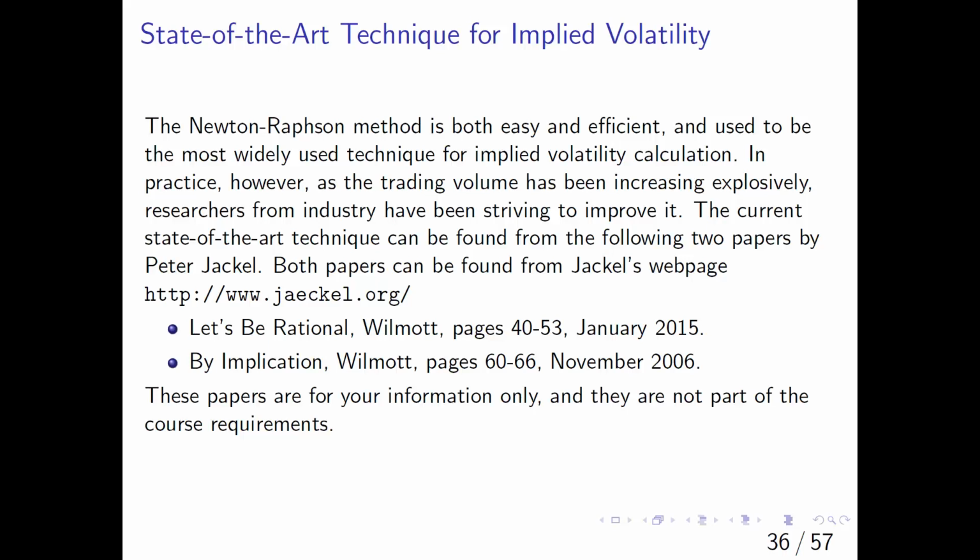You can get the implied volatility within 3 iterations, and the accuracy is up to double precision, essentially double epsilon, about 10 to the minus 16. So it's very fast and accurate.